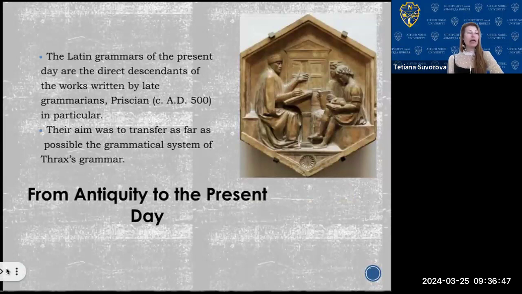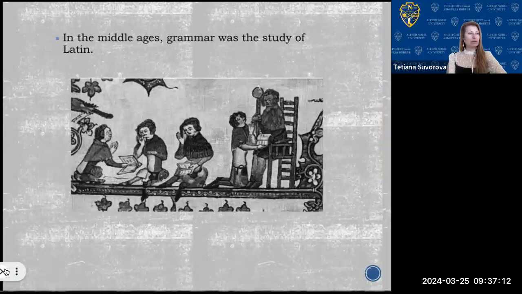Their aim was to transfer, as far as possible, the grammatical system of Thrax's grammar. That is okay, because that was considered to be the best logic in those days. They tried to apply it to the Latin language, which of course was different from the Greek language.